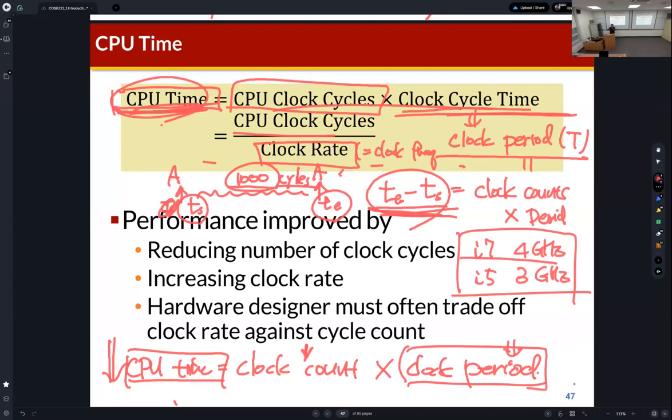Its clock period is shorter than the i5, which means the frequency is higher, because the frequency is the inverse of the clock period. So to improve the performance, we need to reduce the clock count, or reduce the clock period, which means we need to increase the clock frequency.